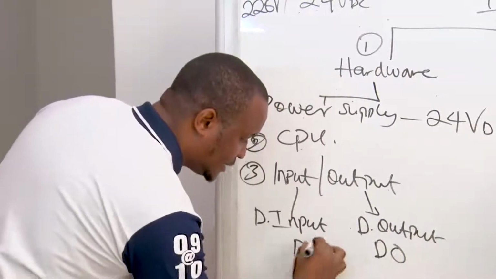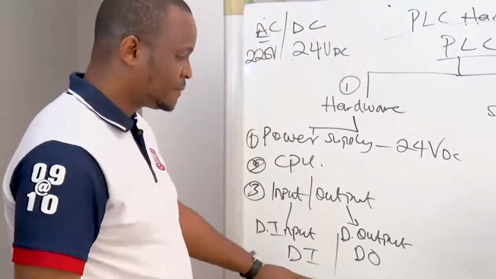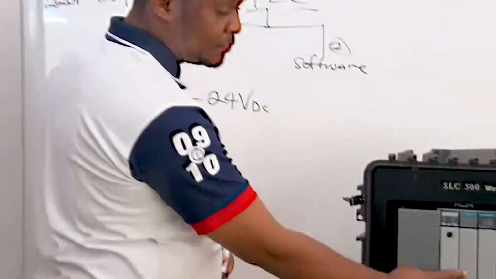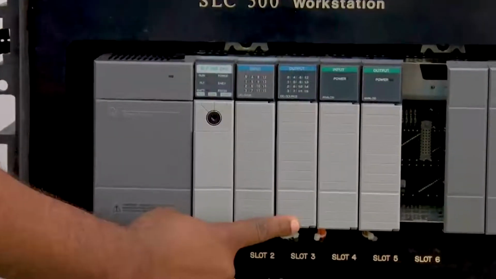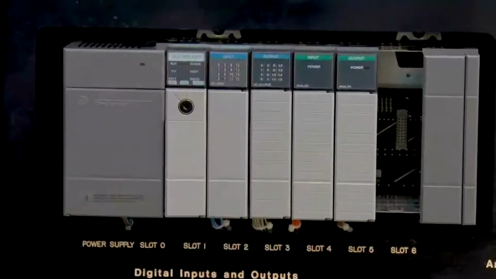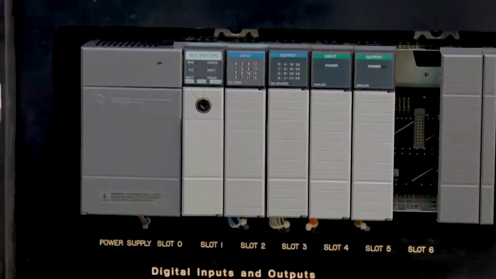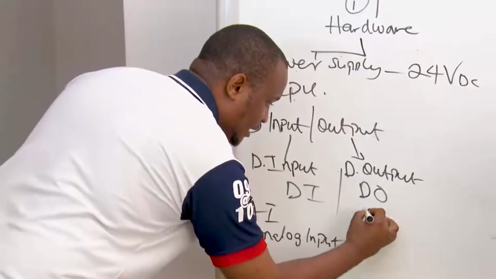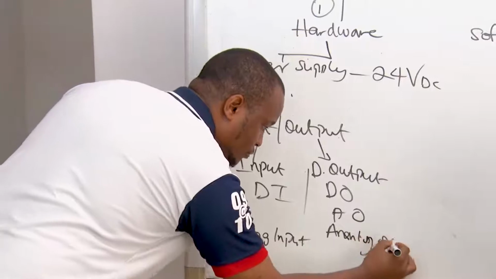So you can have it as DI or DO. DI and DO mean digital input and digital output. For this PLC, this is the digital input, this is the digital output. Now we also have analog inputs, AI, as well as the AO, analog output.